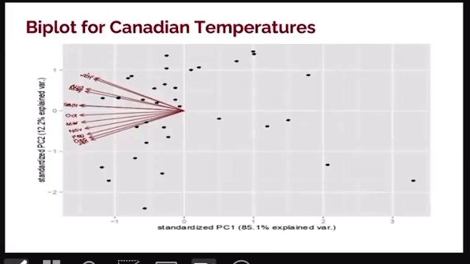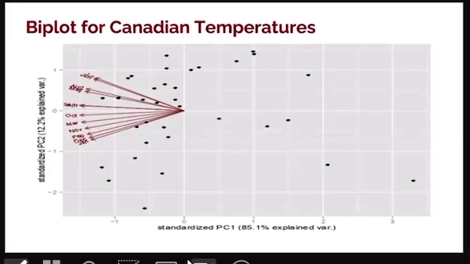And let me tell you this: the farther a point is away from the origin, the more it contributes to the variability in the data set.